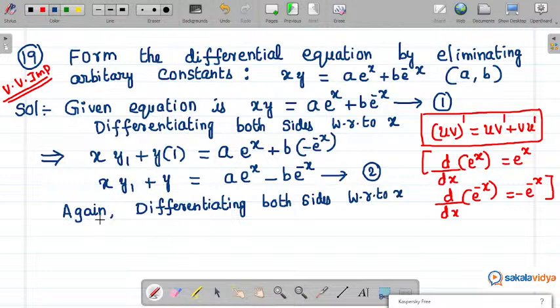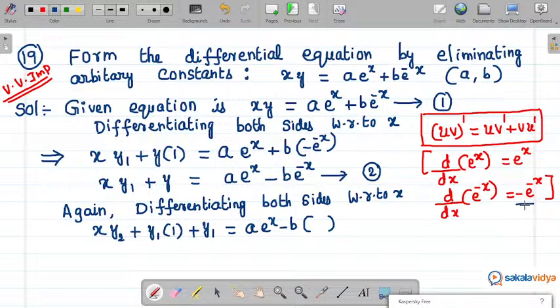Now for xy1, by the UV rule itself, x into the derivative of y1 is y2, plus y1 into the derivative of x, which is 1, plus the derivative of y with respect to x, which is y1, equal to a into the derivative of e power x, which is e power x, minus b into the derivative of e power minus x, which is minus e power minus x. Let us simplify. We get x y2 plus y1 plus y1 equal to a e power x plus b e power minus x.